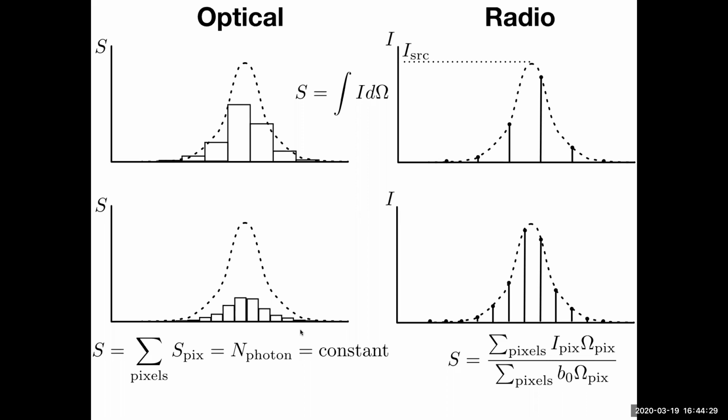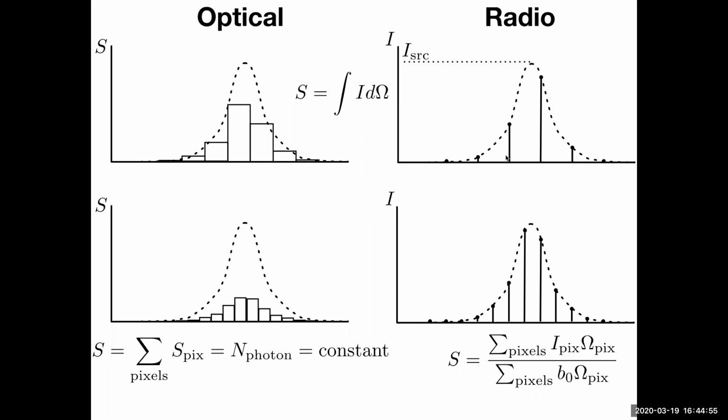Radio images, or particularly interferometer images, are drastically different. A radio image is intrinsically the intensity distribution of the sky. So it is not integrating in any way over the area of a pixel. The inverse Fourier transform of the visibilities gets you an image or an intensity distribution.